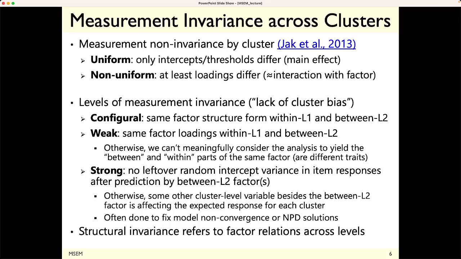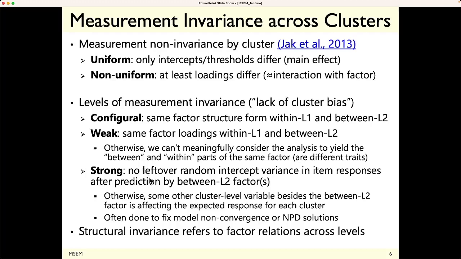And this is what you would need to be able to say, no, I have a theta, and I've differentiated its between level 2 cluster part and its within level 1 person part. The constraints have to be there on the loadings to be able to say that it's the same factor and that you have basically done a multi-level analysis on the factor itself. Otherwise, you can't say that.